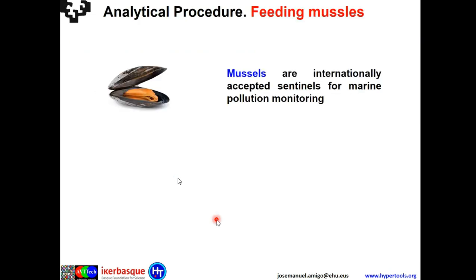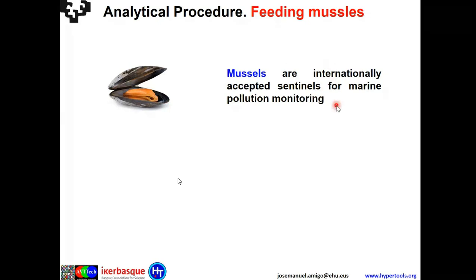And in order to demonstrate this hypothesis, we obviously cannot use human beings, but we can use mussels. Okay, mussels are really good at cleaning the oceans. They are able to filter liters and liters of water per minute, and they are very well accepted as sentinels for marine pollution monitoring.